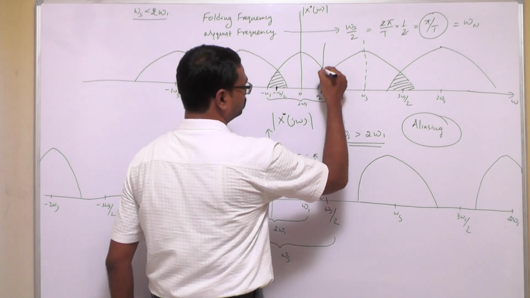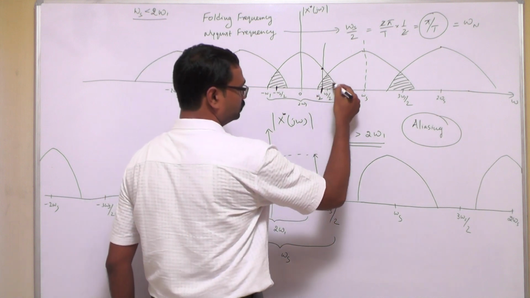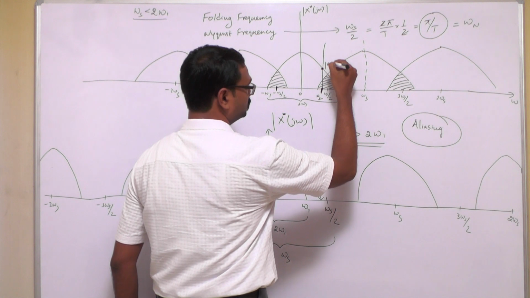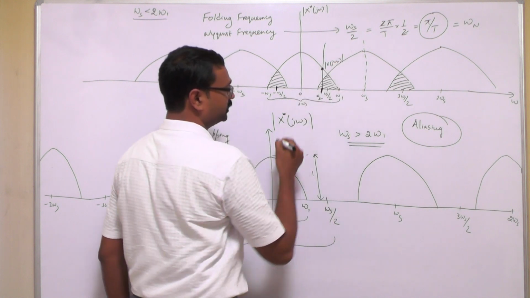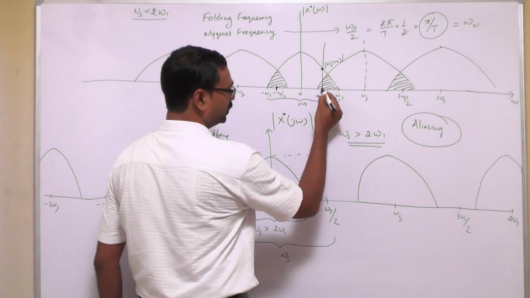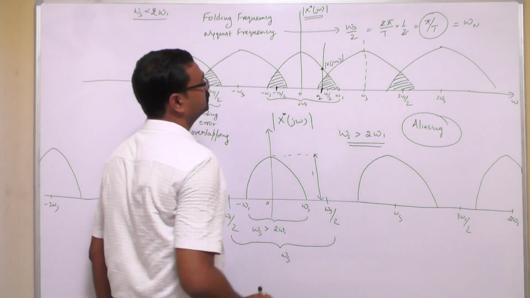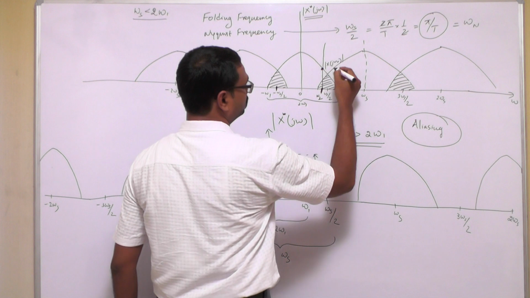What is the value here in this folding region? This point is modulus of X of j omega 2. At omega 2, what is the value of X star of j omega? You say it is X of j omega 2, and you have this value at this point.